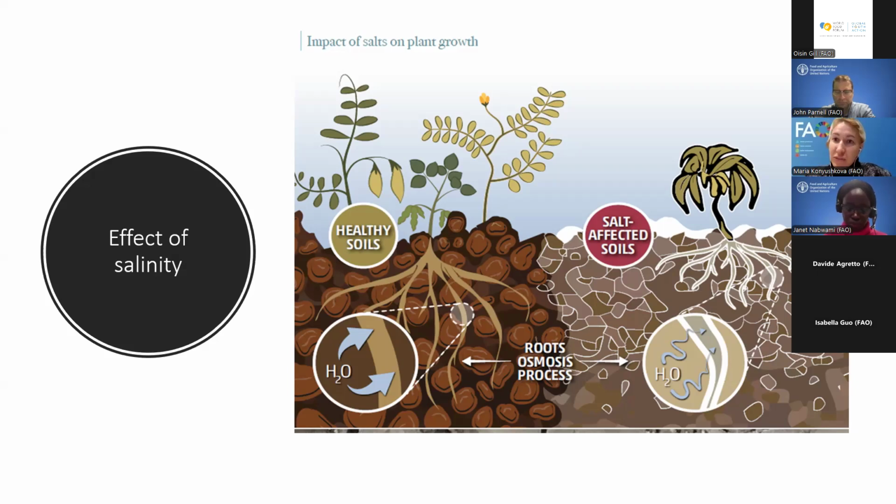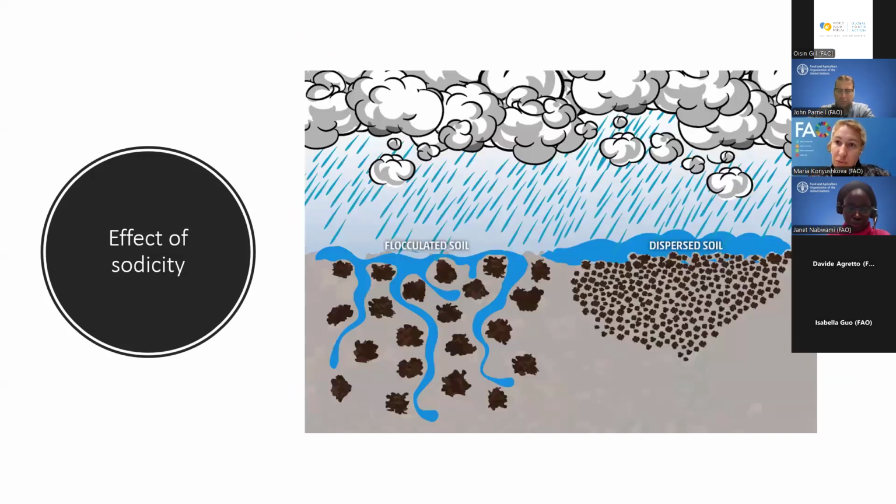It's quite an interesting fact, which is caused by so-called osmosis. We have reduced osmosis, which is restricted in salt-affected soils. When the solute concentration is too high, the process of osmosis is interrupted, and the plant cells are unable to take up water and the nutrients from the surroundings. So this is what we observe under saline conditions.